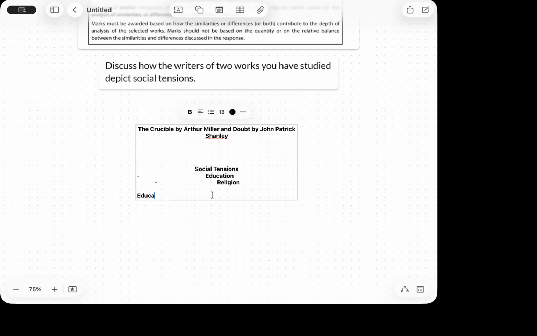If I wanted to talk about that, I could talk about power dynamics as one of my things. I can talk about education as a weapon against religion.